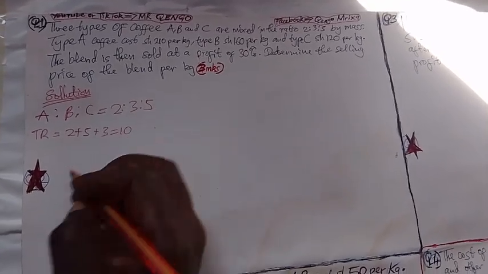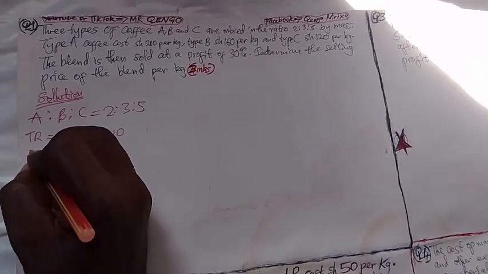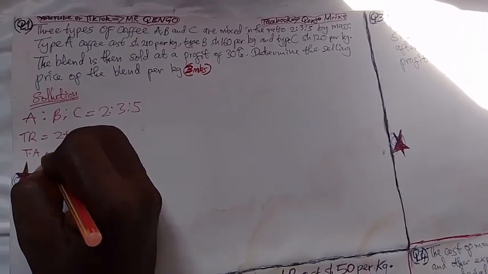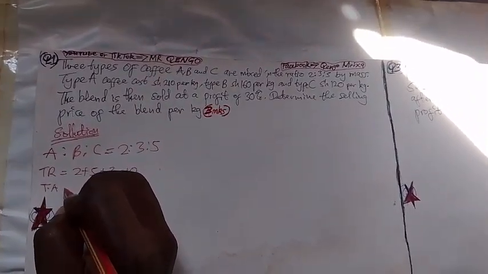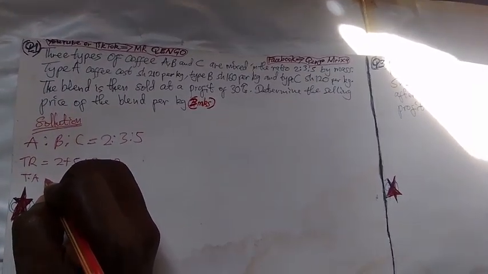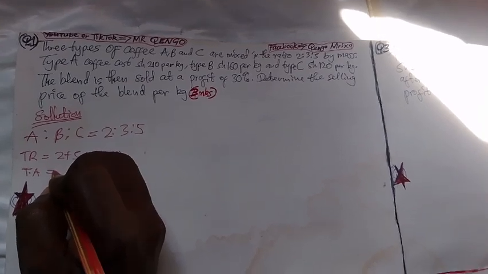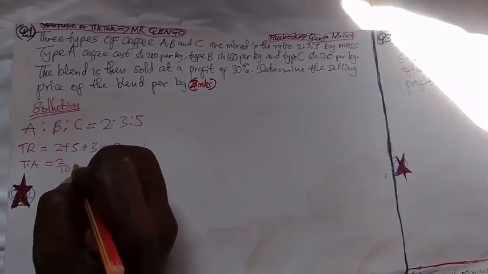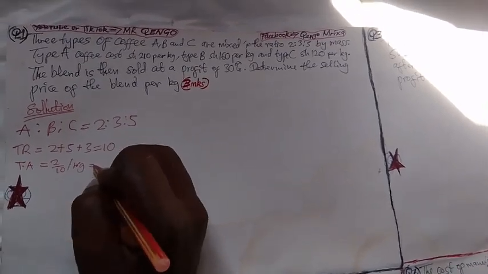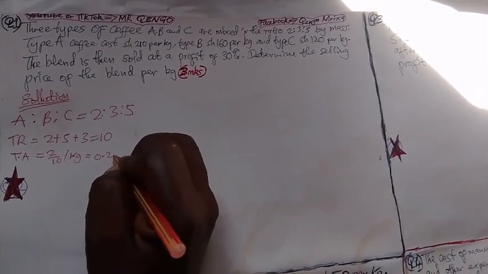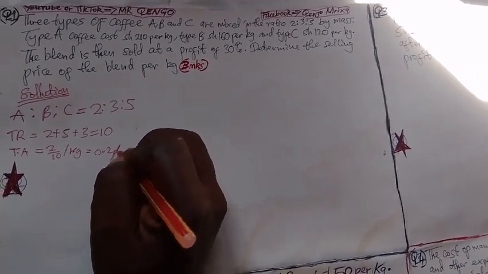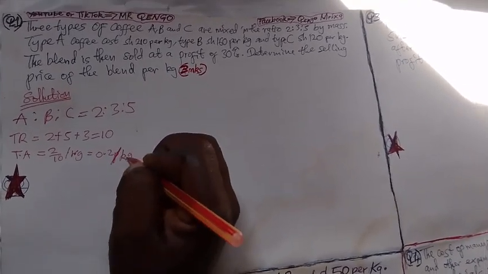Step 3, type A is equivalent to 2 over 10 per kilogram, which is equal to 0.2 per kilogram.